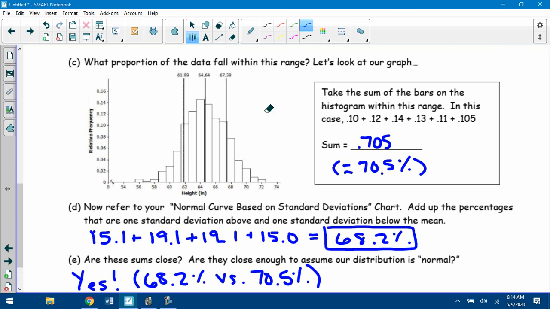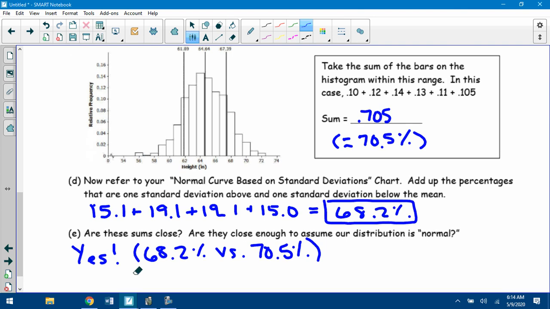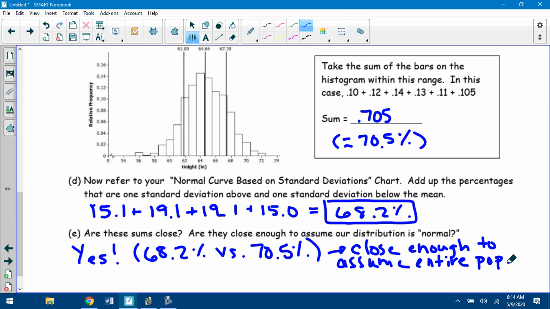Now 68.2 is the ideal, and the idea is this is 1,000 women. If you took 1,000,000 women, it would normalize out and be even smoother and look more like that theoretical curve that I showed you. So this is close enough to assume the entire population would be normally distributed.